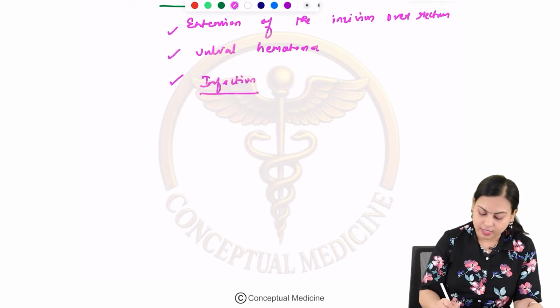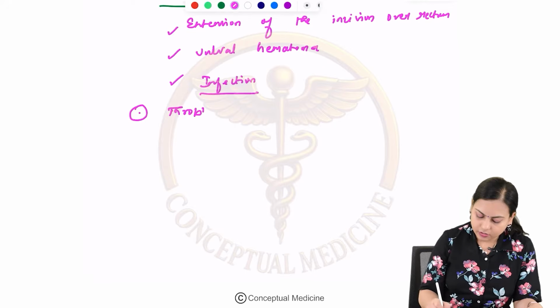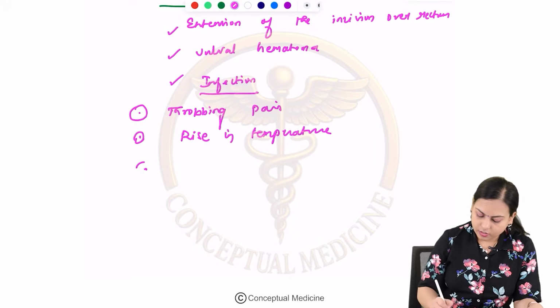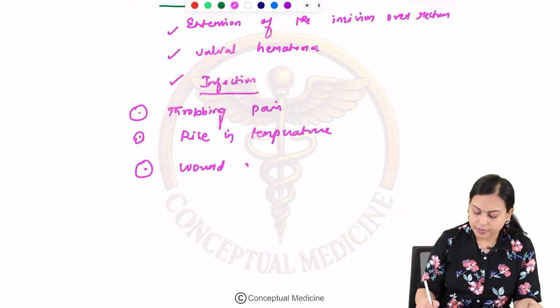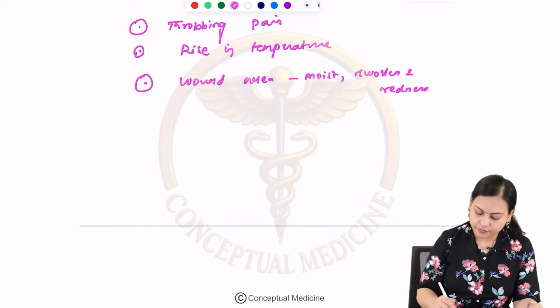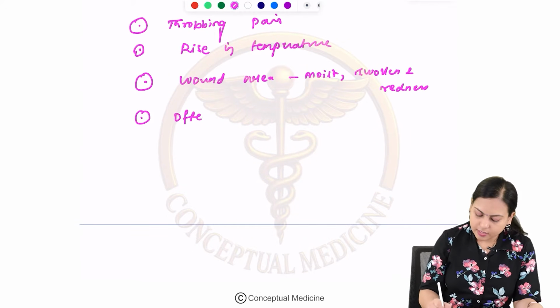When infection is there, there will be throbbing pain on the perineum, then there can be fever, that is rise in temperature. The wound area will appear moist, swollen, and with redness. And finally, you can even have offensive discharge as well.